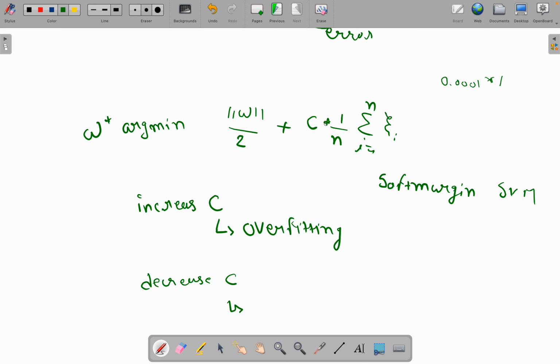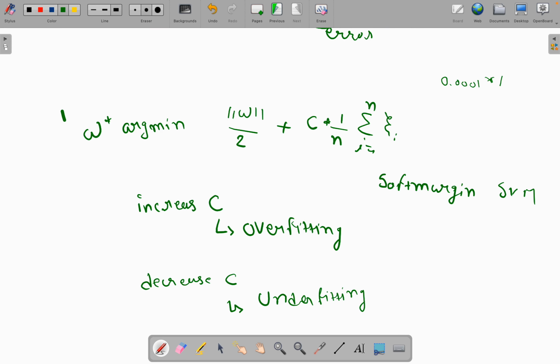So it will not have much impact, and we can end up with underfitting. So C is a hyperparameter which, by tuning, we can use to find the best plane which is neither overfitting nor underfitting.